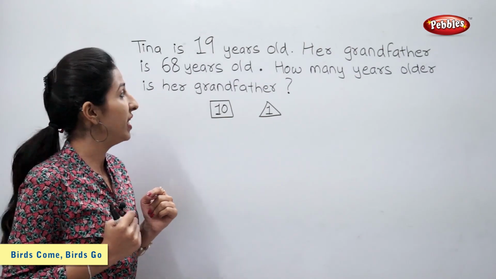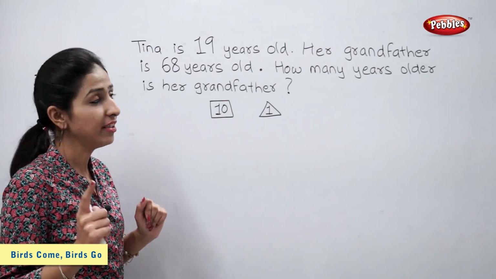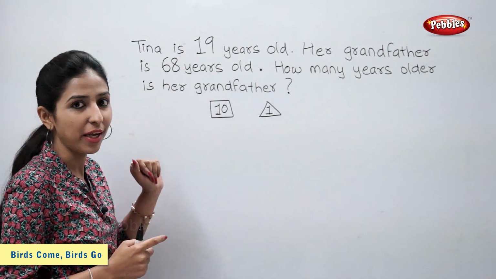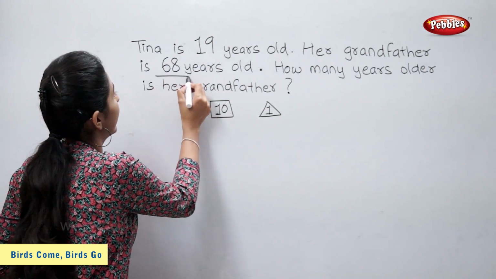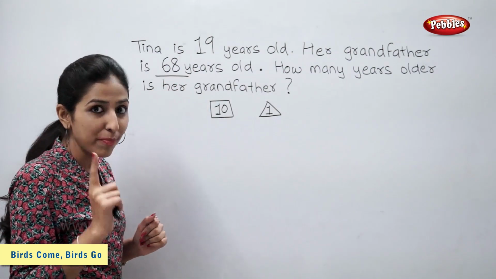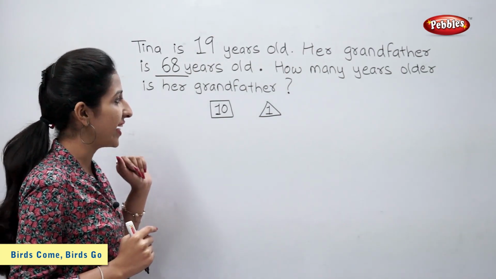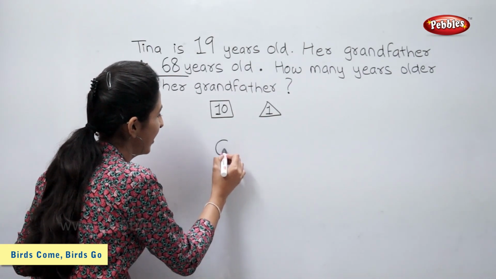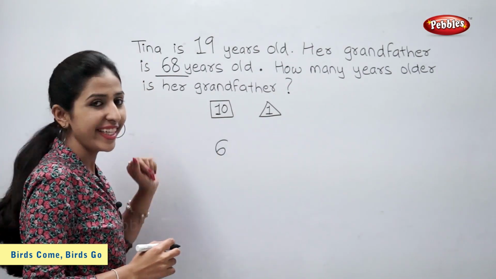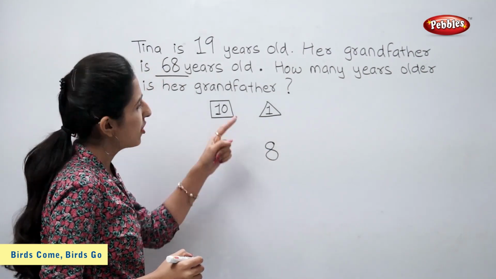For this example, I will write the bigger number first and will subtract the smaller number from the bigger number. 68 is the bigger number. So, let us write 68. 68 means 6 tens, 8 ones.